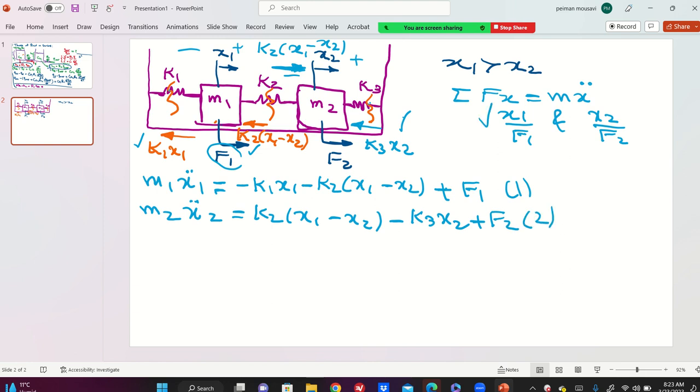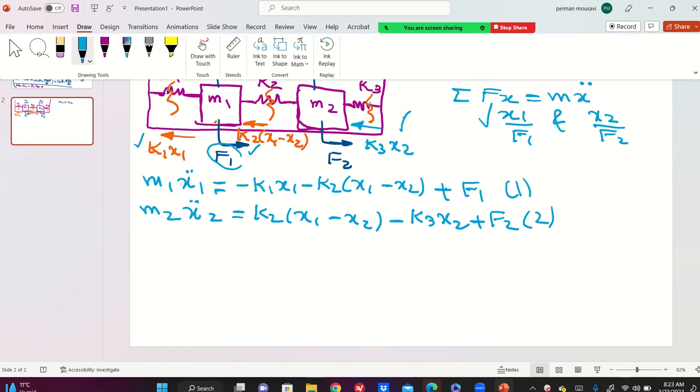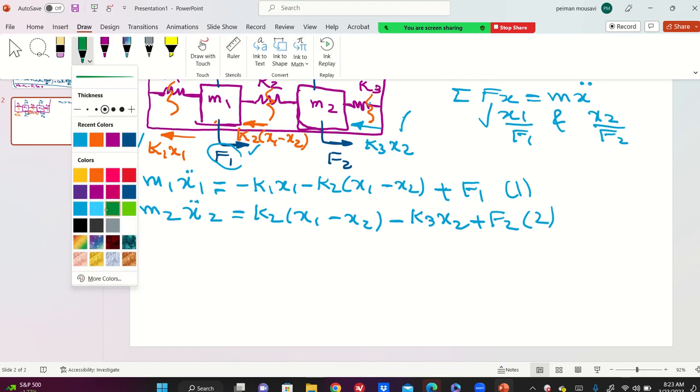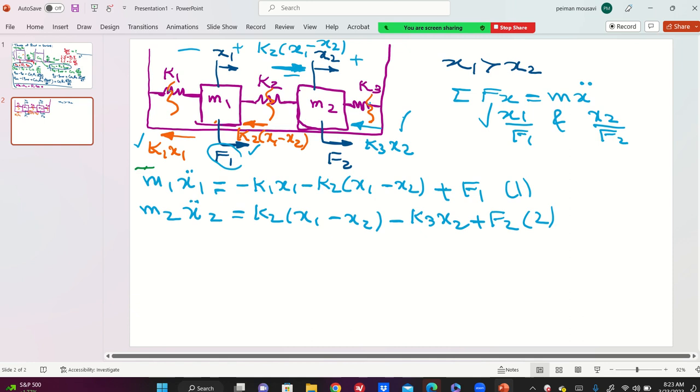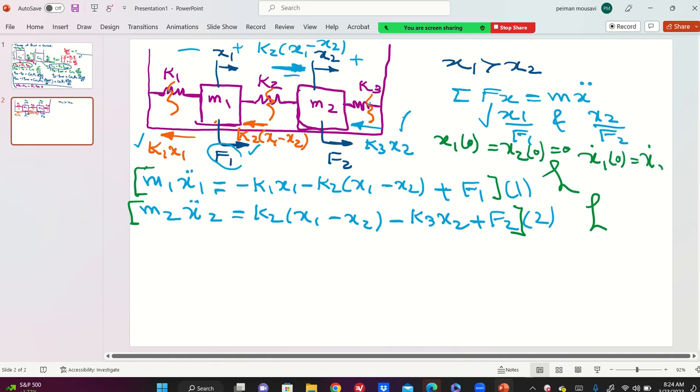Let me first calculate this. For doing that, I have to apply the Laplace transform on both sides of these equations, assuming that x1 at time 0 and x2 at time 0 are 0 for Laplace, and the velocities of masses at time 0 are 0 again.